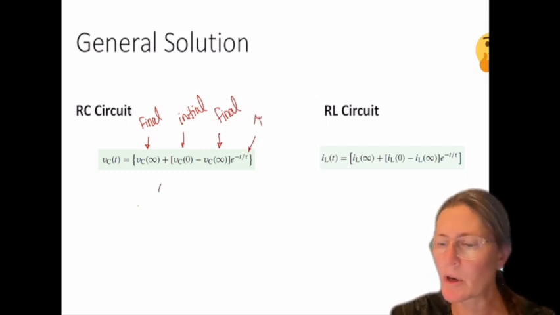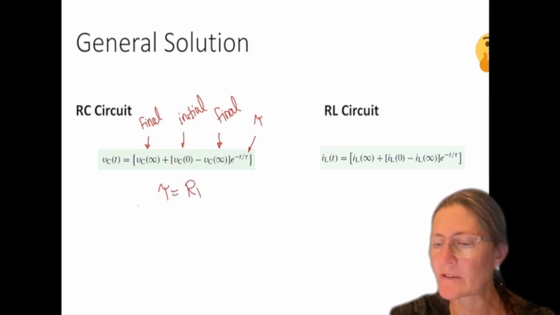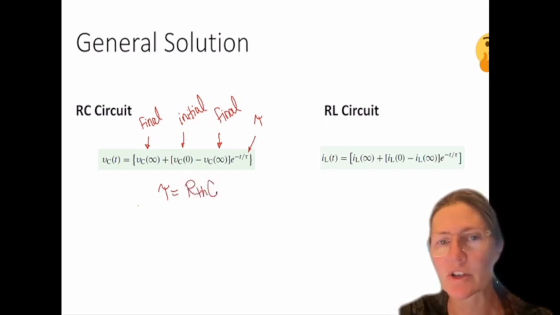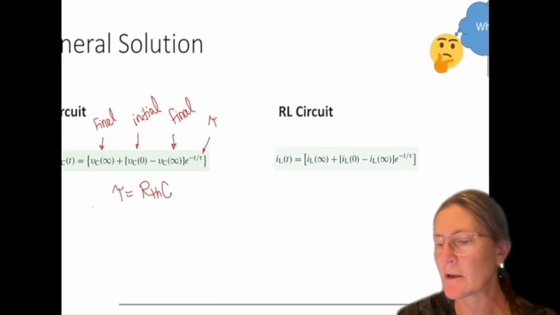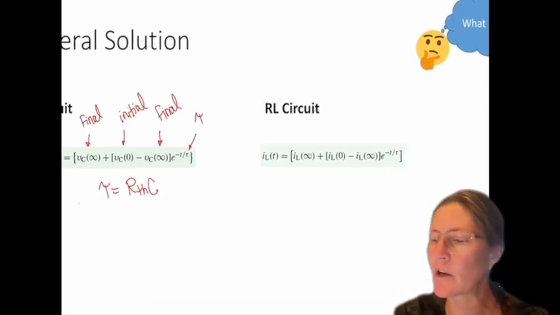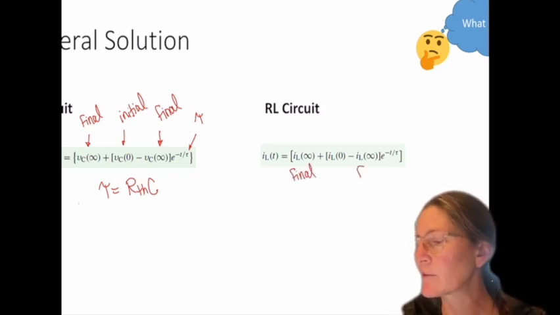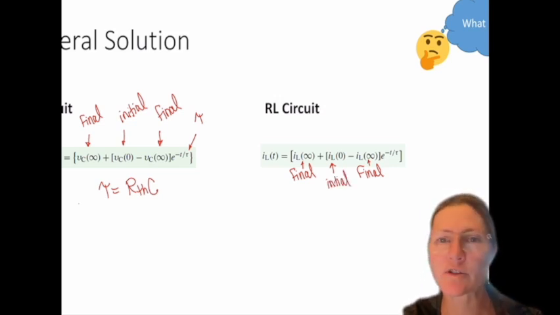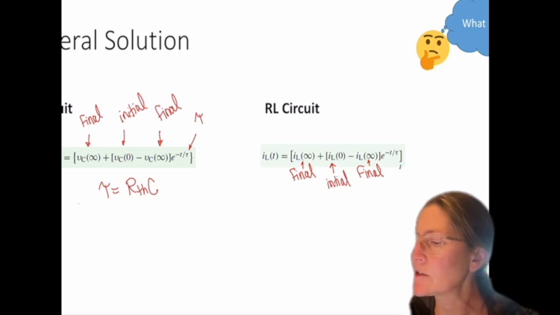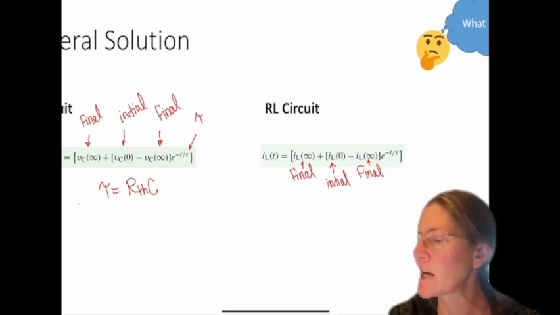So remember I had suggested to memorize that tau for a capacitor is going to be RTH times C. And for an RL circuit, the same form: final plus the initial minus final, e to the minus t over tau.